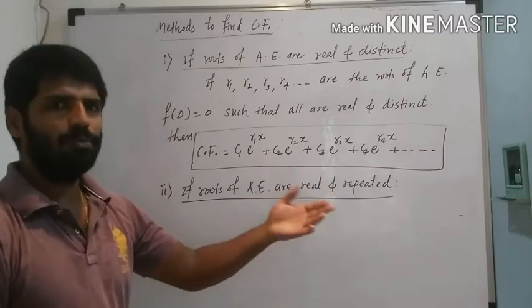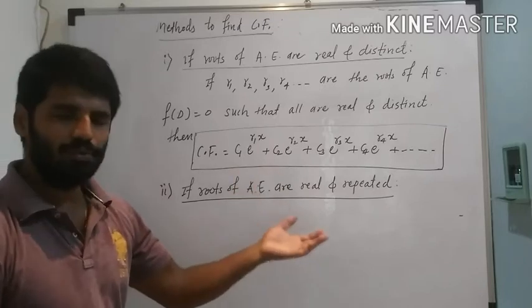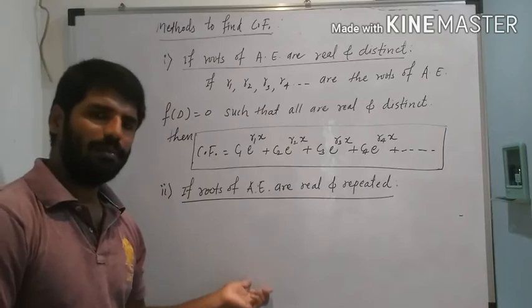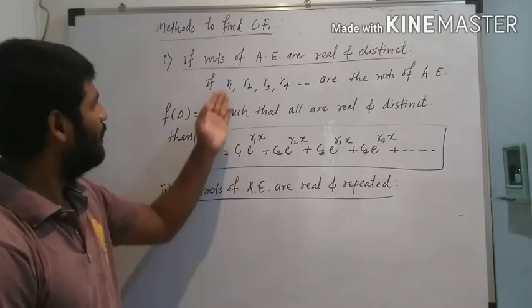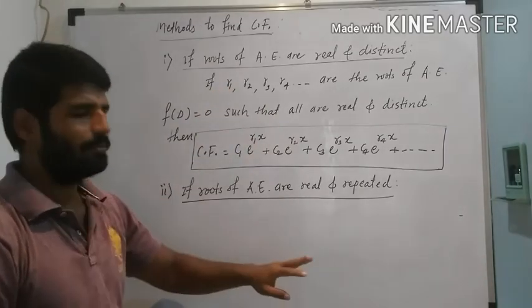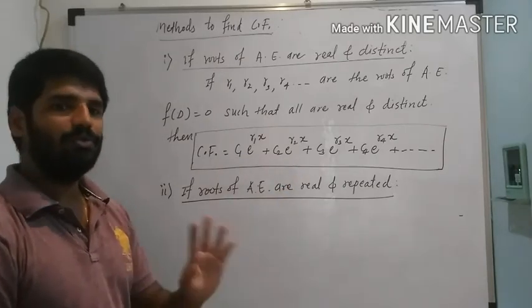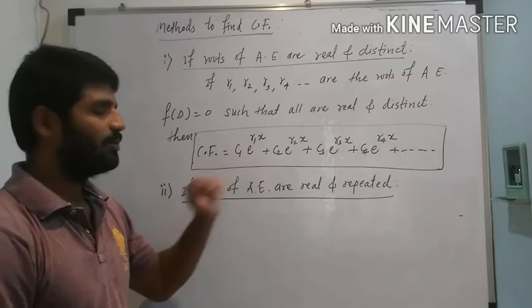Repeated means there are more possibilities: repeated two times, repeated three times, repeated four times. Like that we have to study one by one. Suppose r1, r2, r3, r4, r5 like that are the roots of the auxiliary equation in which r1 is repeated twice. Then what happens to the complementary function?